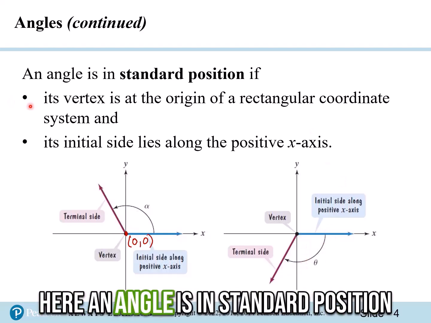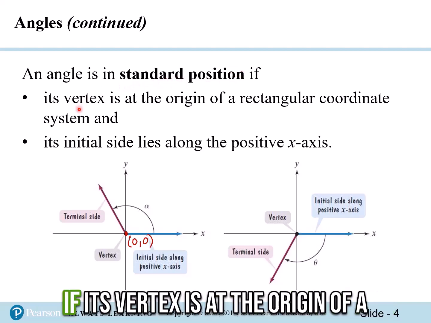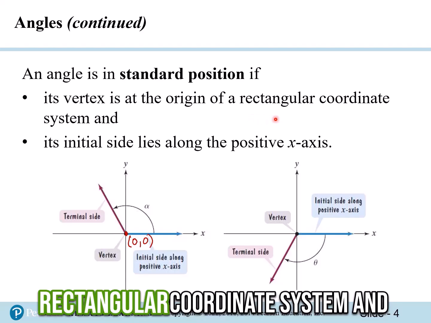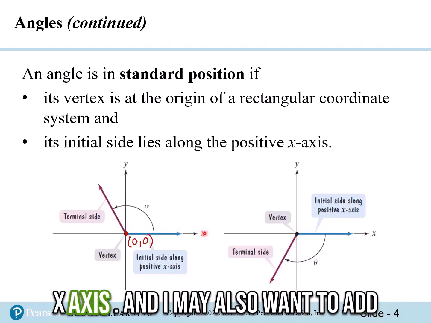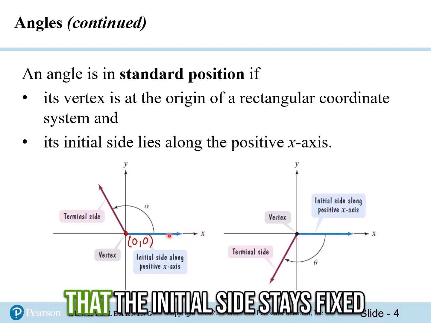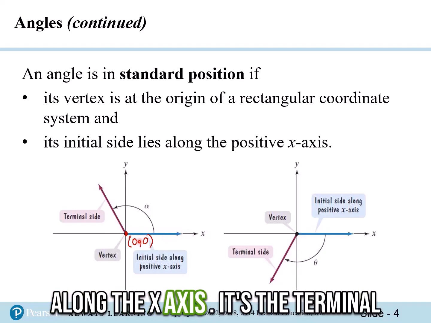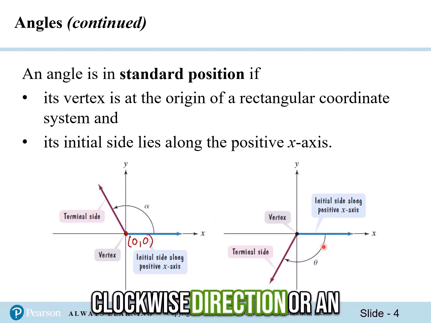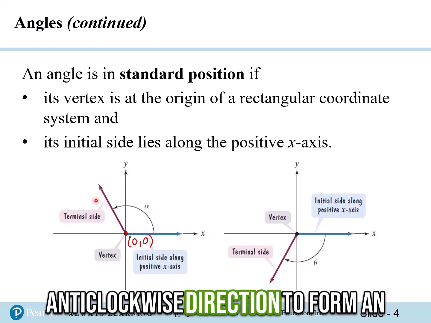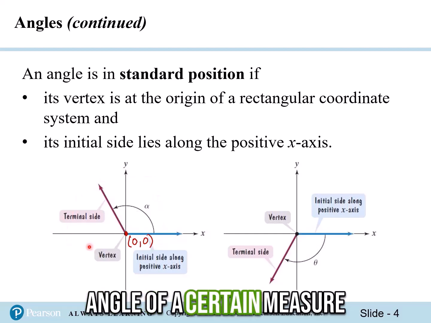So it says here an angle is in standard position if its vertex is at the origin of a rectangular coordinate system and its initial side lies along the positive x-axis. And I may also want to add that the initial side stays fixed along the x-axis. It's the terminal side that moves around either in the clockwise direction or an anticlockwise direction to form an angle of a certain measure.